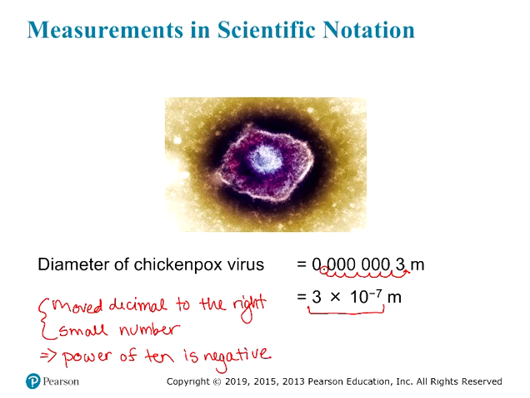All right, so our coefficient is 3, and then our power of 10 is 10 to the negative 7th, because we moved the decimal point to the right 7 times. You can probably see that in this example, scientific notation is a lot easier to write out rather than having to count all of those zeros as you're writing them.